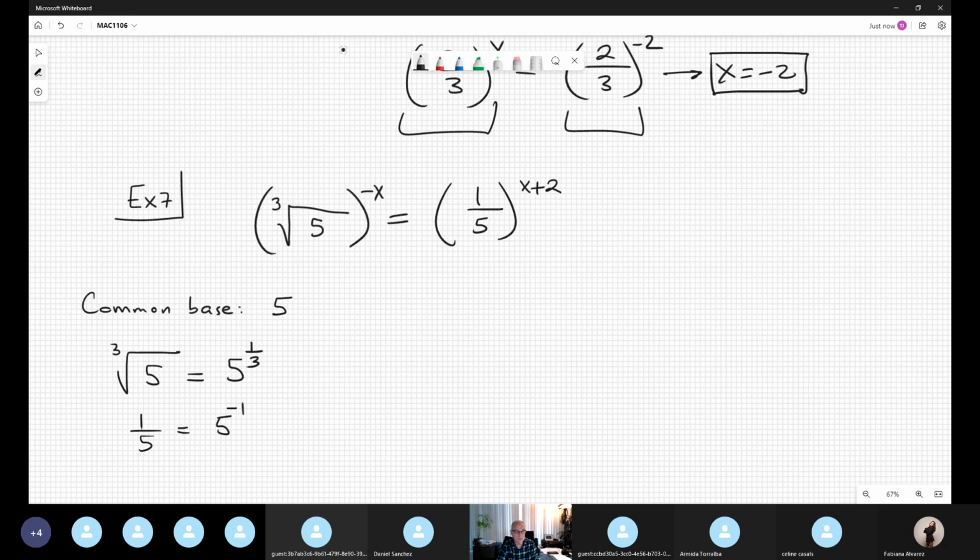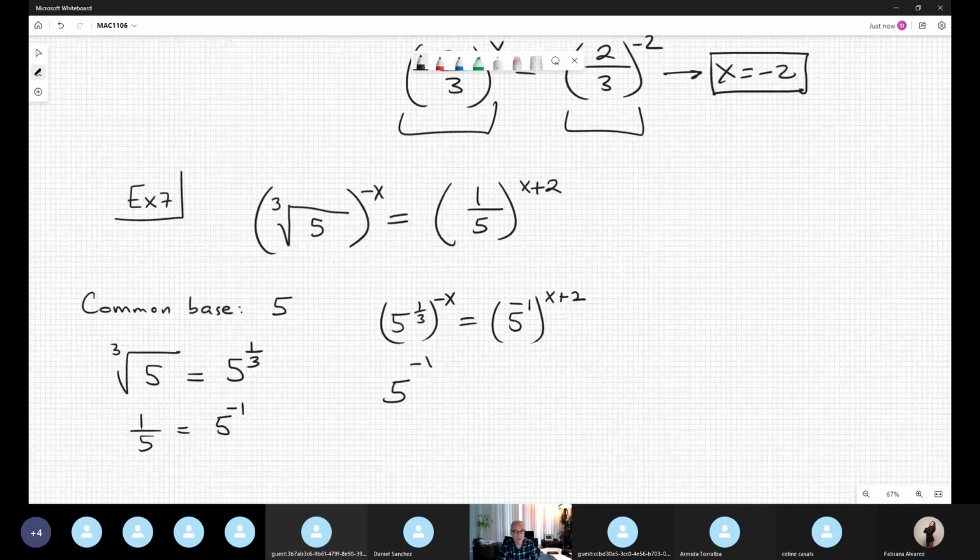Now replace. No cubic root anymore. It's 5 to the 1/3 raised to the minus x. Be careful with the signs. Equal 5 to the minus 1, which is 1/5, raised to x plus 2. One more time, we are doing the multiplication, different level of the exponent. So we have 5 to the negative x over 3, because you know, multiplication of fractions, multiply numerator, denominator, this is 1.